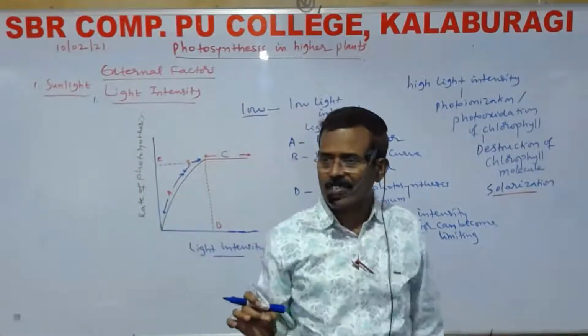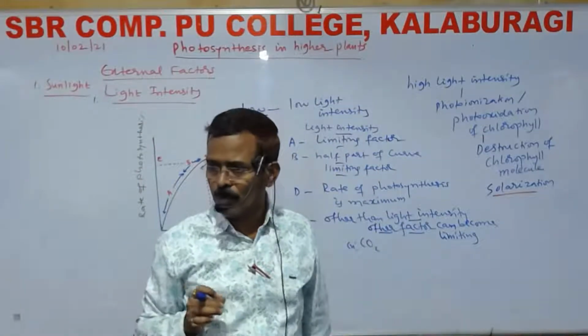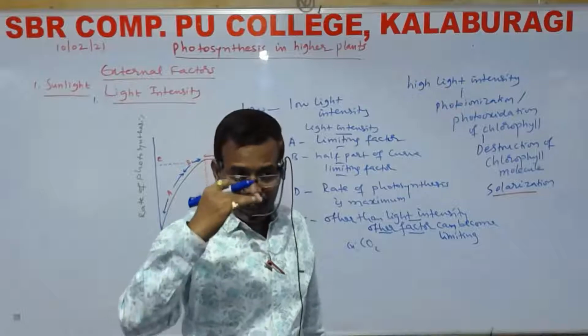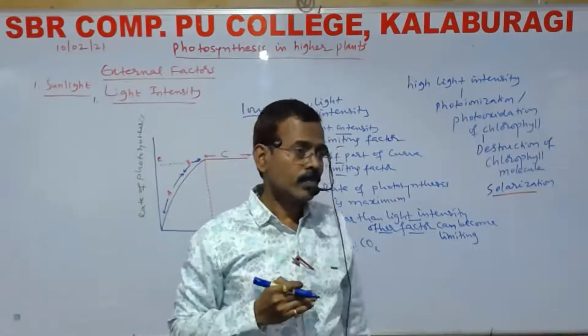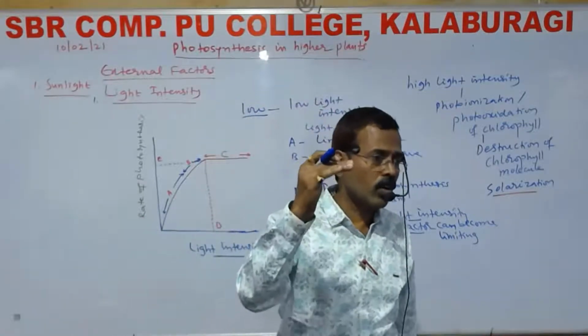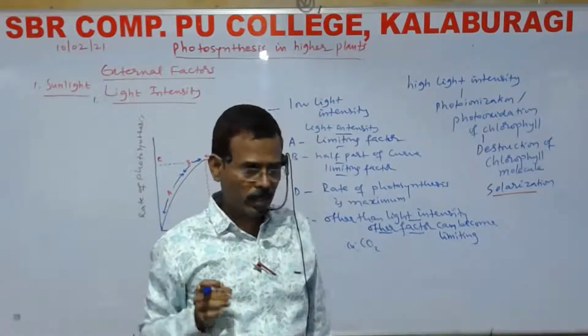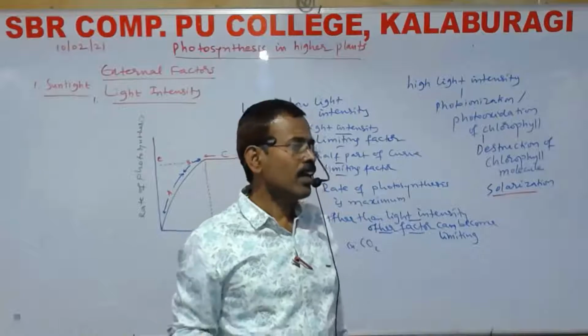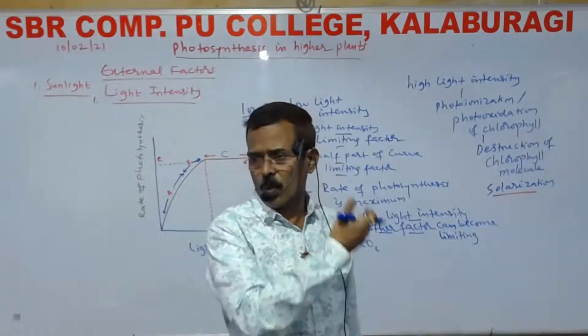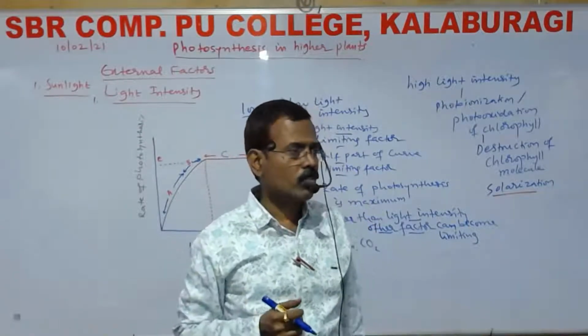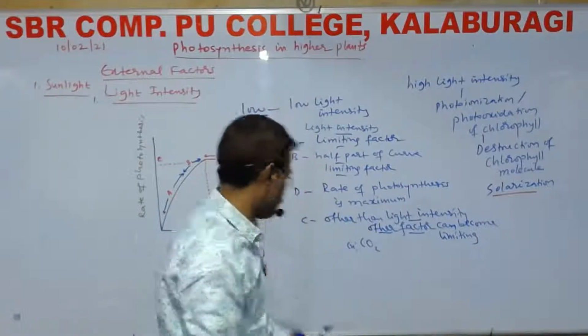At low light intensity, the rate of photosynthesis will be low. Along with increase in light intensity, the rate also increases, up to the saturation point. Beyond that, there will be a decrease because of photo-oxidation or solarization.